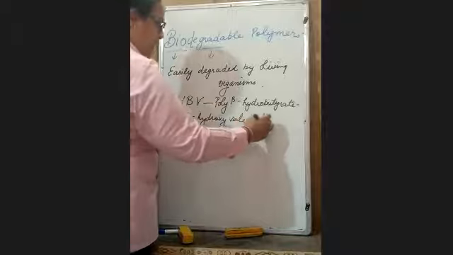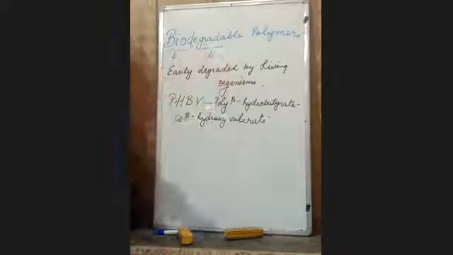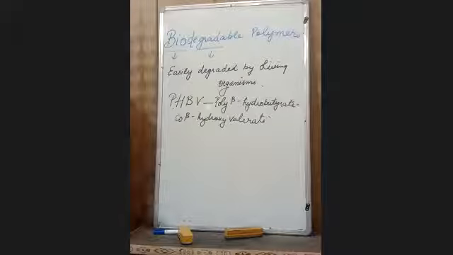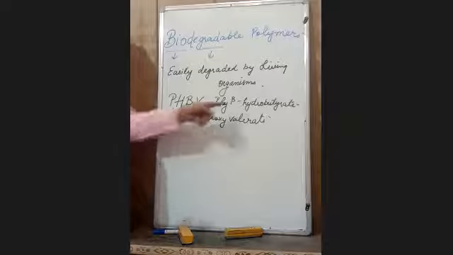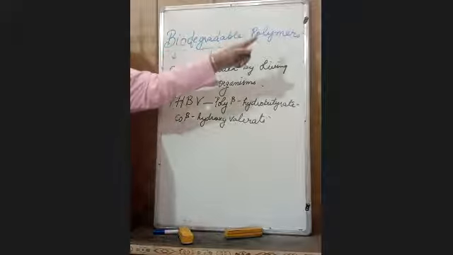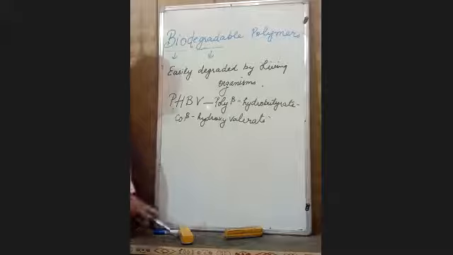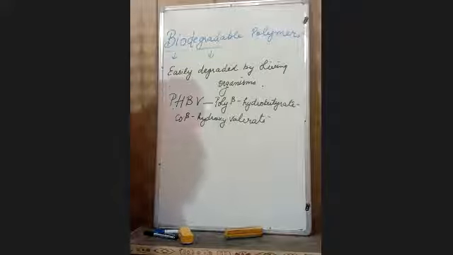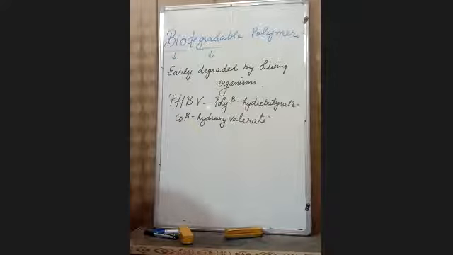What is PHBV? Polybeta hydroxy butyrate, co-beta hydroxy valerate. It is one of the examples of biodegradable polymer. Biodegradable polymer means which is easily degraded by the microorganisms and causes less pollution in nature.